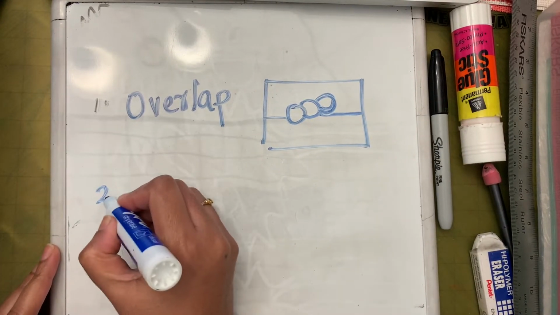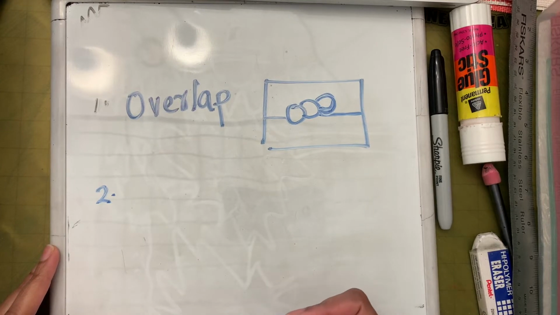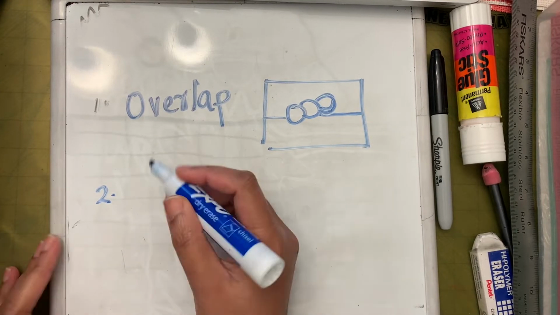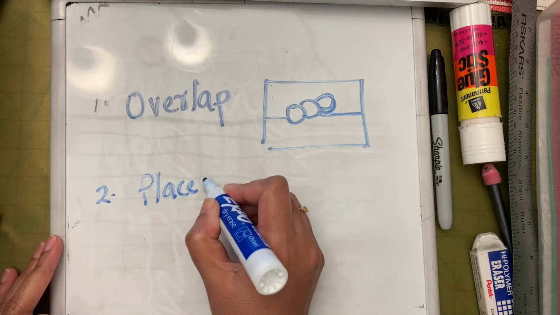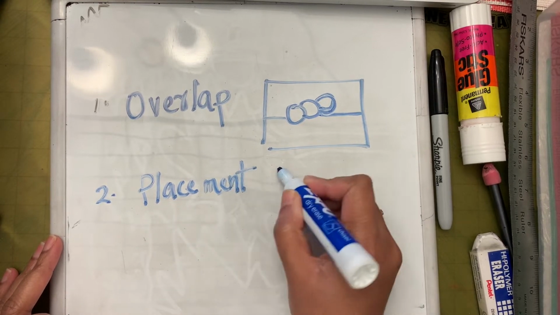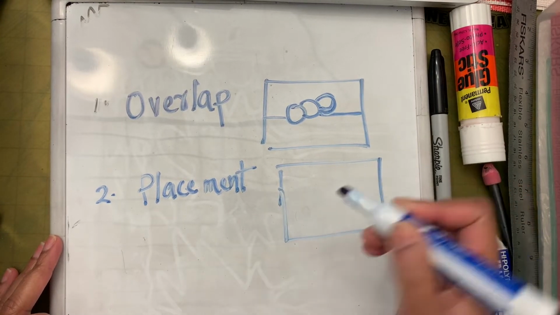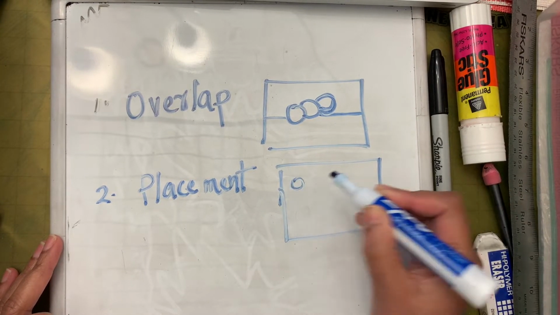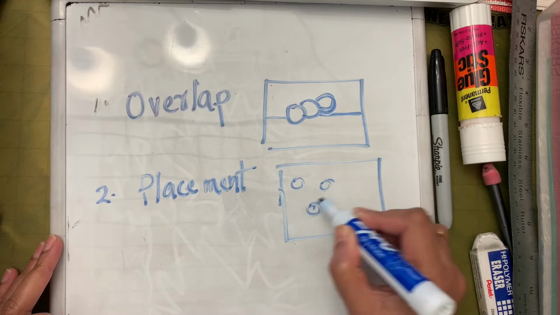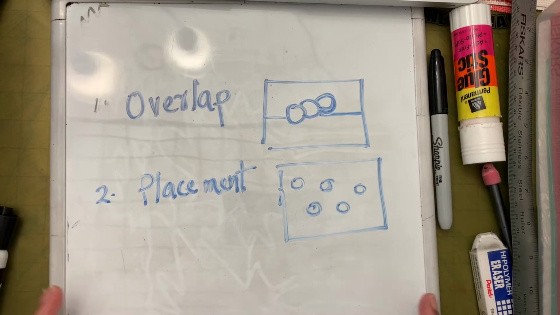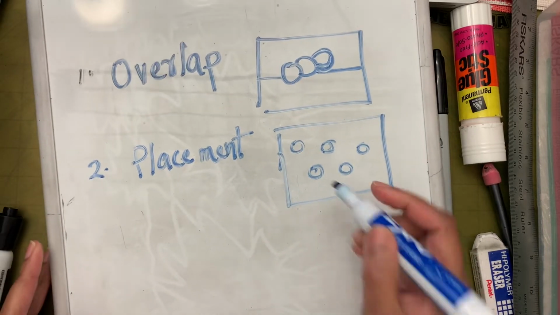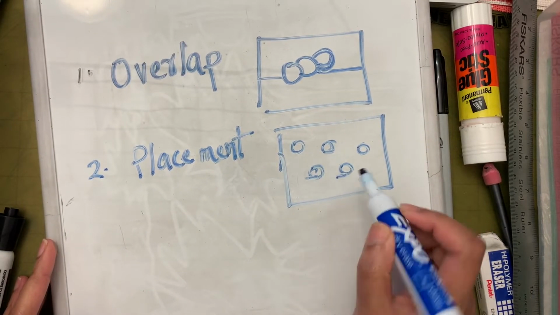Another technique you can use is called placement. If you have a few marbles or balls and you spread them out, it will make it look like you are seeing things in the distance.